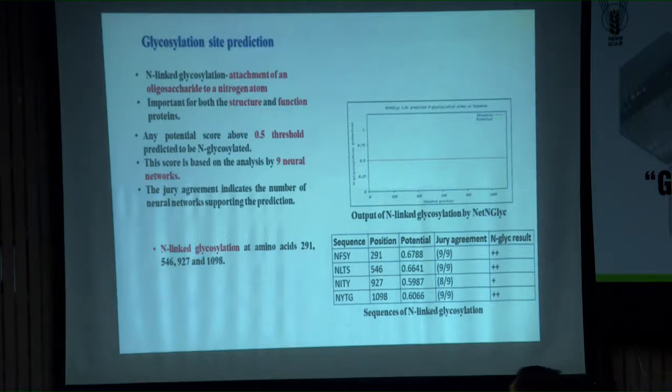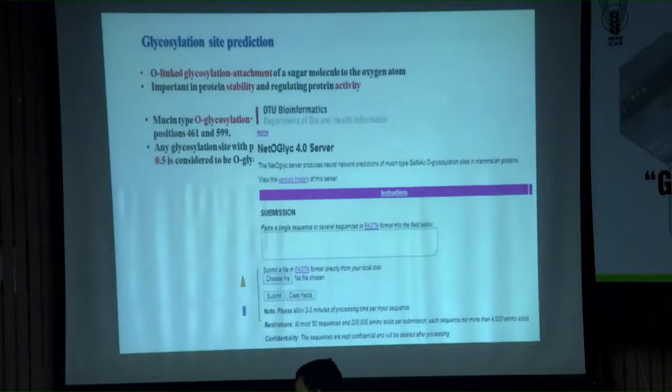Okay, so now we come to the O-linked glycosylation. In O-linked glycosylation, there is attachment of a sugar molecule to the oxygen atom of the protein. Okay, and that basically helps protein stability and regulates protein activity. So there is another software we use, that is NetOGlyc version 4.0.